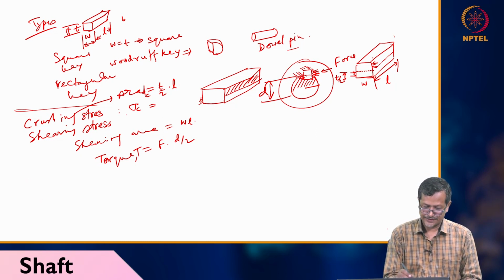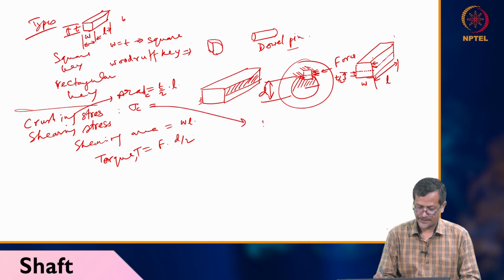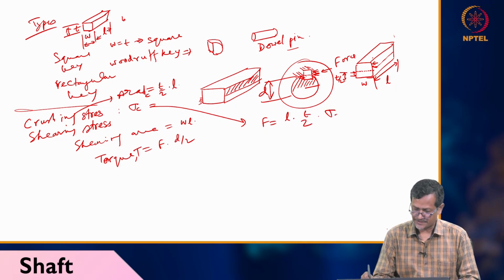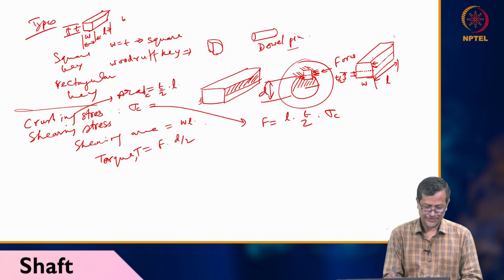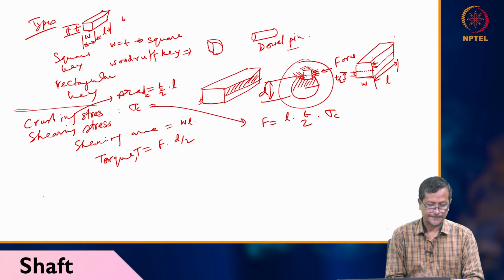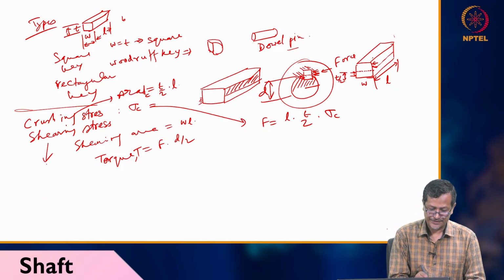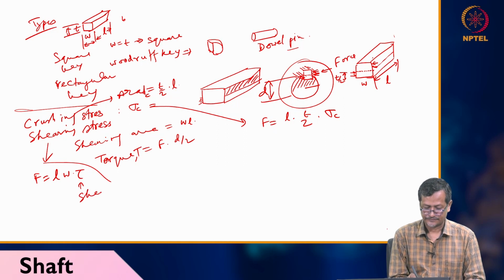Now for crushing, F equals L into T by 2 into sigma c, the crushing stress. And for shearing, F equals L into W into tau, the shear stress.